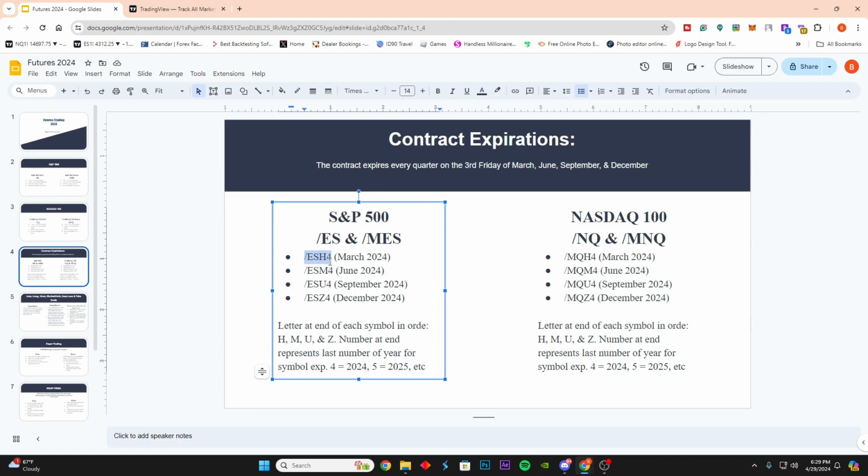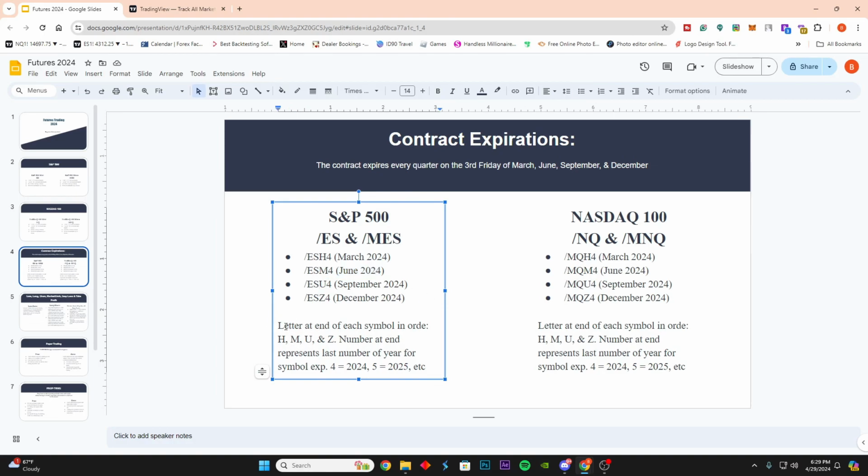We have ESH4, which represents the March 2024 contract. We have MESM4, which represents the June 2024 contract, and so on.